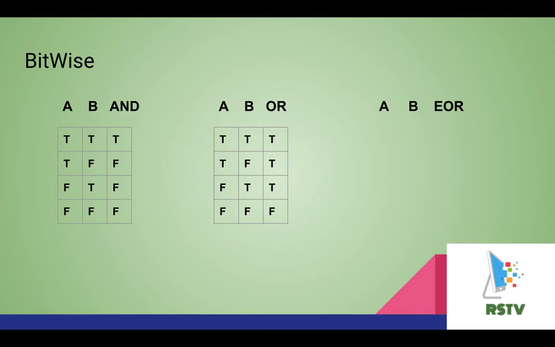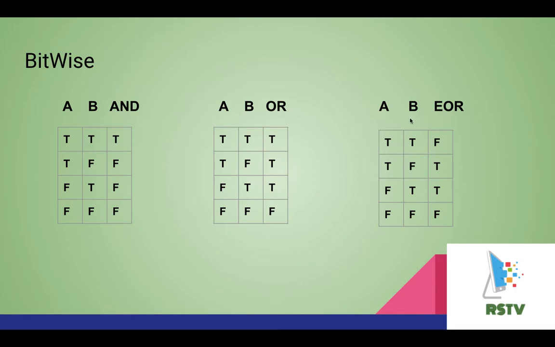Next one is exclusive OR. This operator's behavior is that both conditions should have different values, then only true, otherwise false. It means the A condition and B condition should be different. If A is false, then B should be true. If B is false, then A should be true. Then only the output will be true.